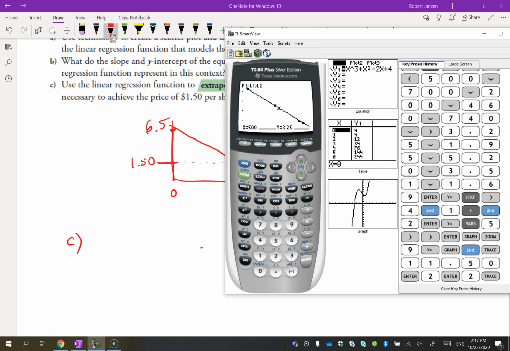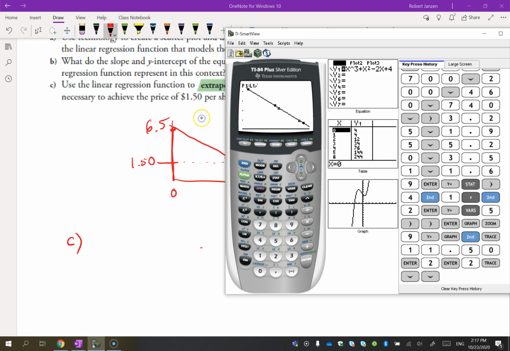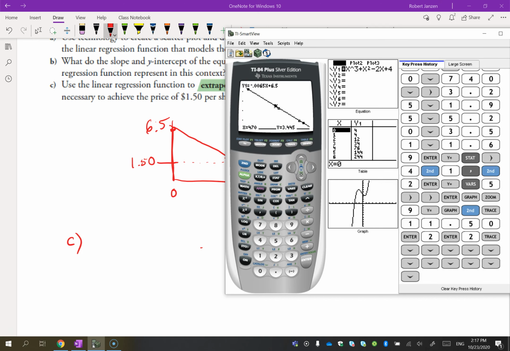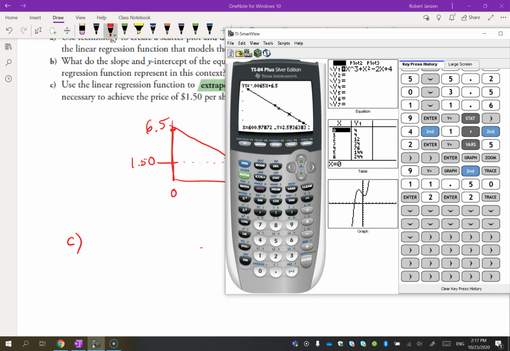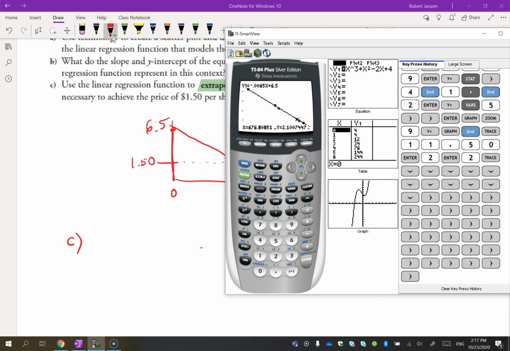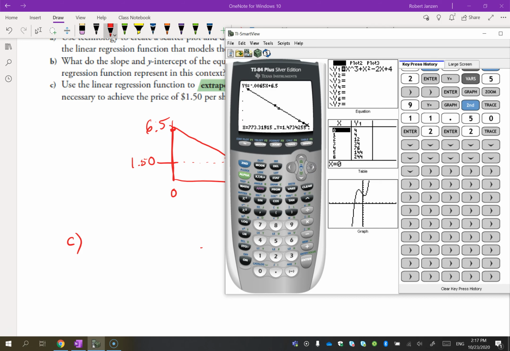All right, let's try tracing it. Tracing gives us a little cursor on the screen, and we can move it back and forth until maybe we can hit Y as 1.50 on here. So let's try. I'm going to go down here, and it keeps going, and I want to go down to 1.50.